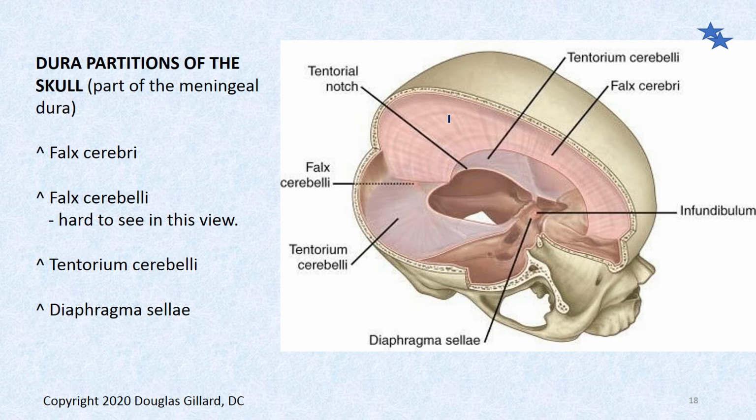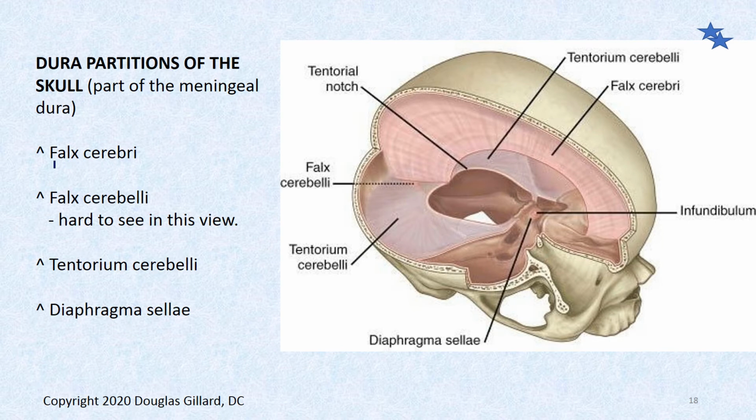So this is the second part of dura and meningeal layers. So these are called the dural partitions of the skull. And these are part of the meningeal dura, because there's a meningeal dura, an arachnoid, and then there's also this part, meningeal dura. And this is the one that partitions the brain into different sections.